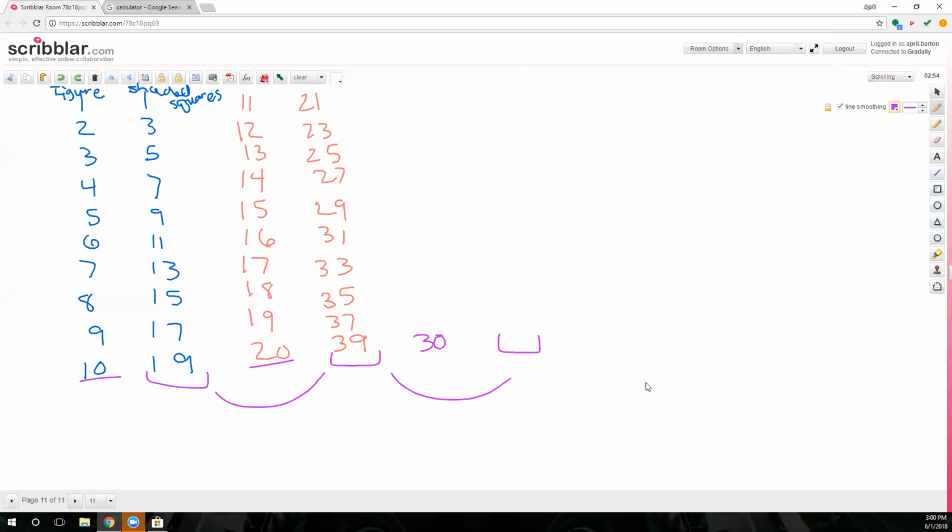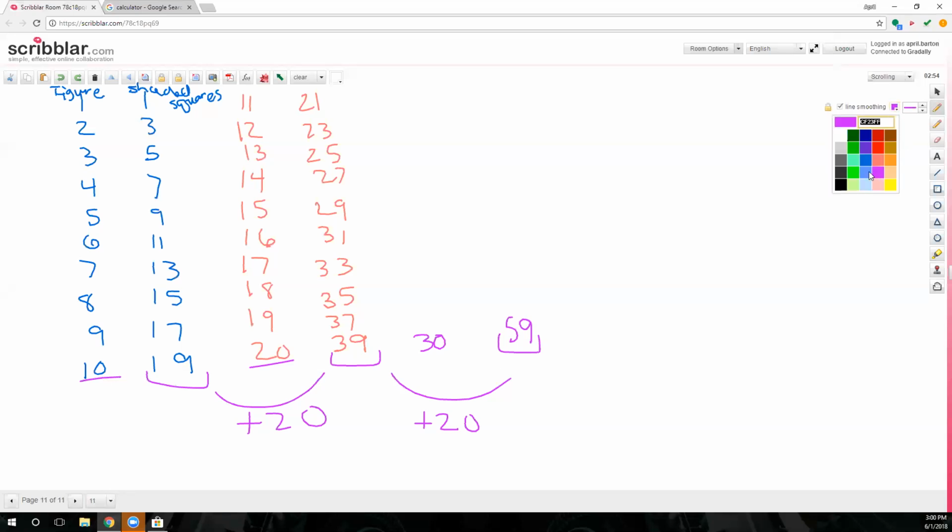Close. 19 to 39 is add 20. 49 would be if we only added 10 more. But we actually went up by 20. 19 to 39 takes us up 20 spaces or blocks. So if we add 20 again, it takes us up to 59.